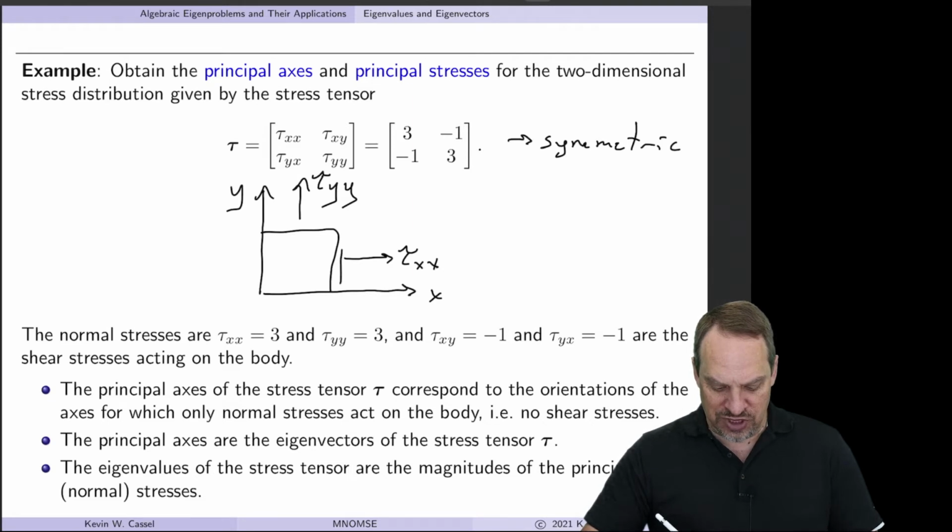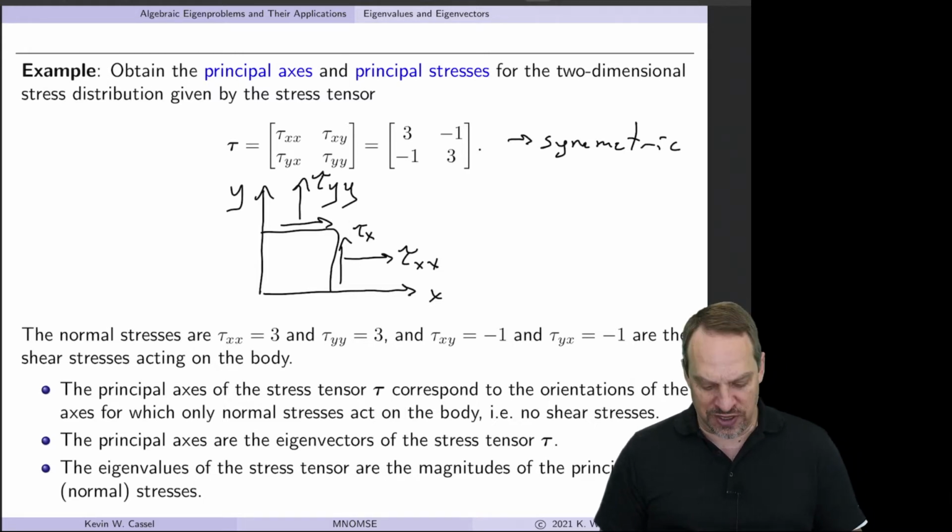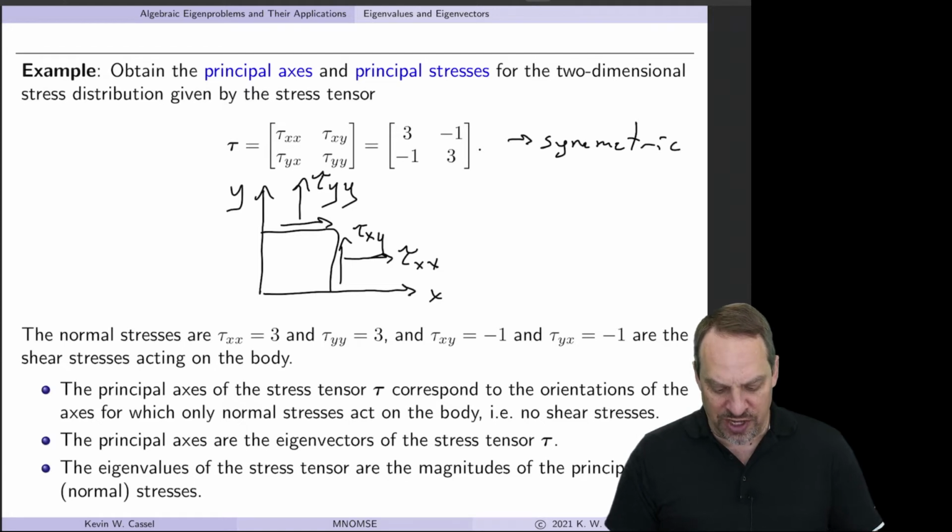Then we have the tangential shear stresses. This one on the right face, that's tau sub x, because it's still on the x face, but it's pointing in the y direction, so it's tau xy, shear stress. Then this one, tangential to the horizontal face, is a tau y, because it's on the y face, but it's in the x direction.